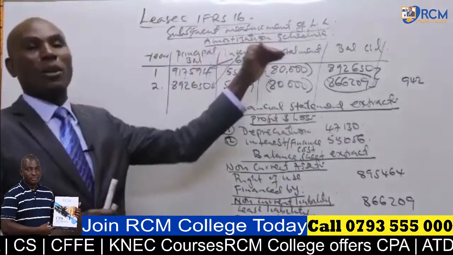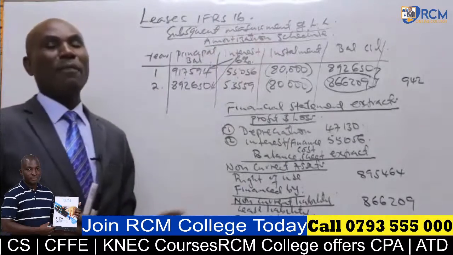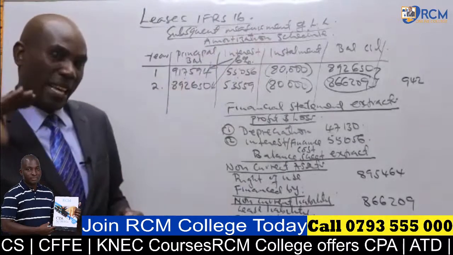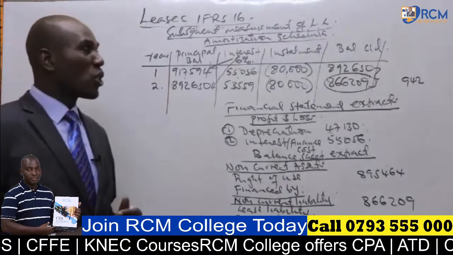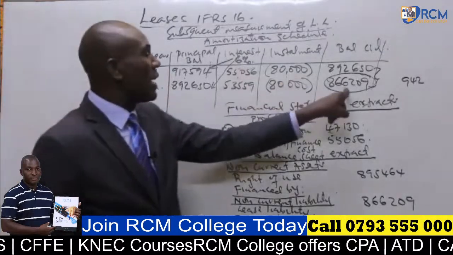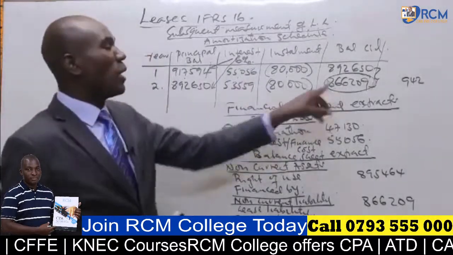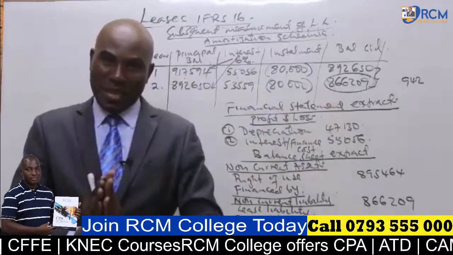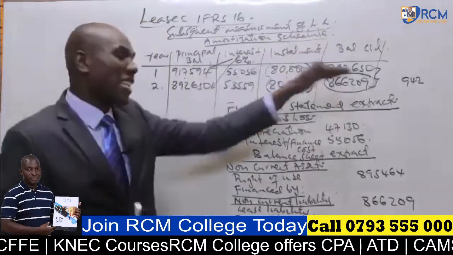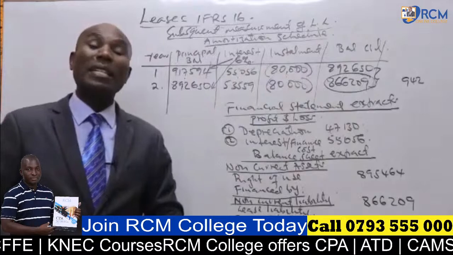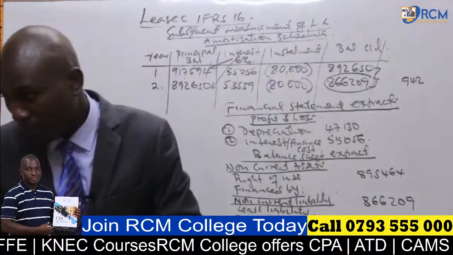If the examiner wanted year 1, you add year 2. If he wanted year 3, you add year 4. If he wanted year 5, you add year 6. So that the one for year 2 will be the non-current liability. Then the difference between year 1 and 2 will be the current liability.